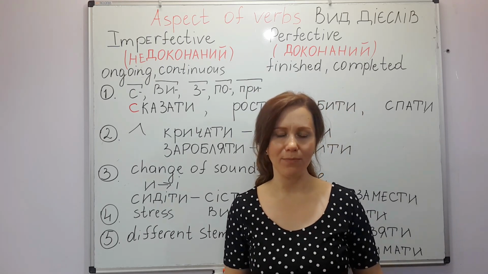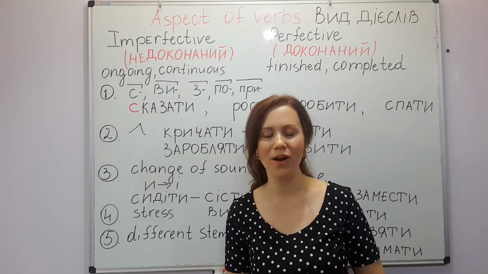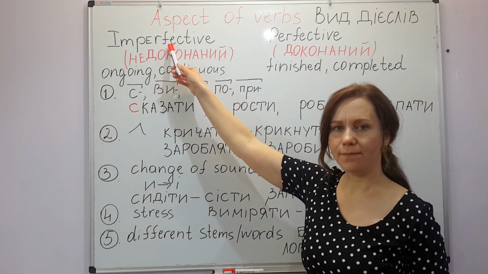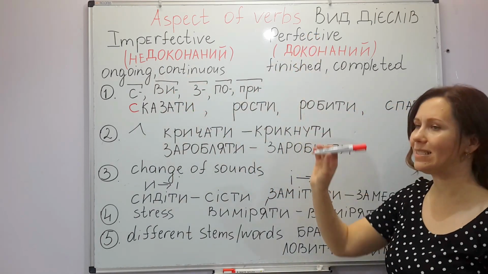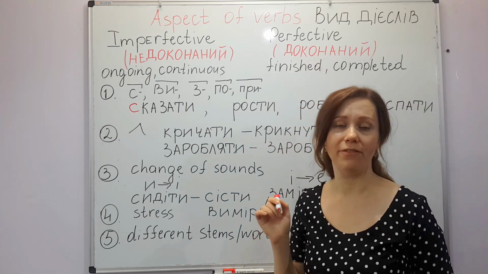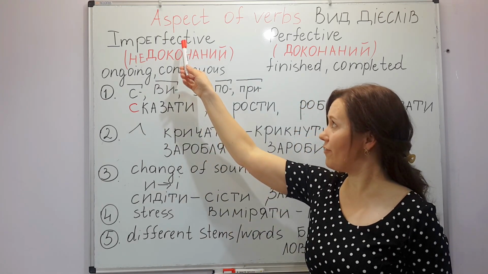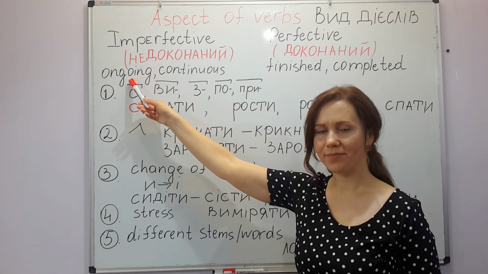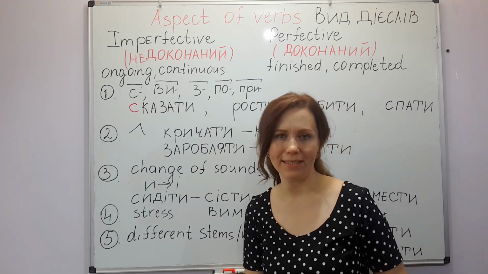So there are two aspects of verbs. All of the verbs are divided into two aspects, and they are imperfective aspect, недоконаний вид, and perfective aspect, доконаний вид. The imperfective aspect denotes actions that are ongoing, continuous, not finished or not completed.